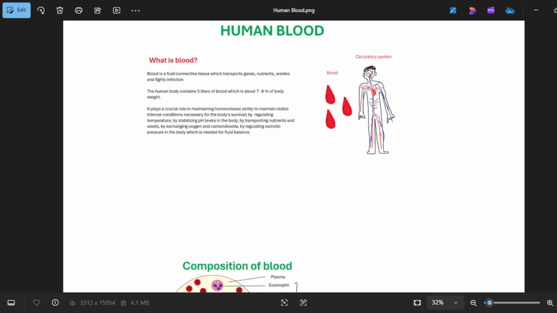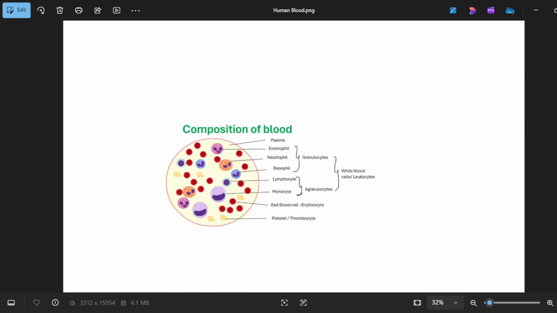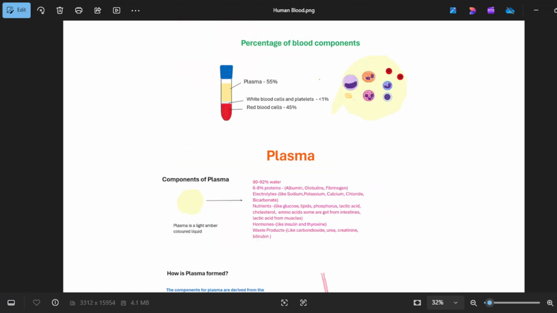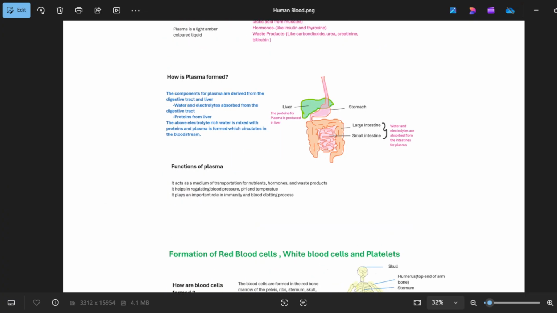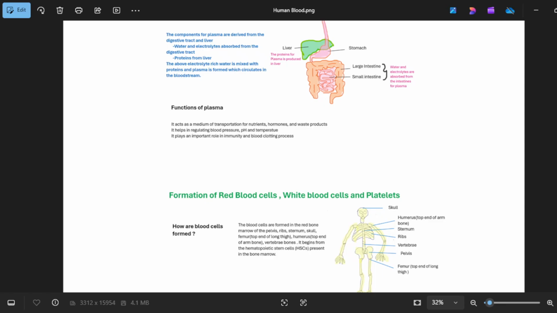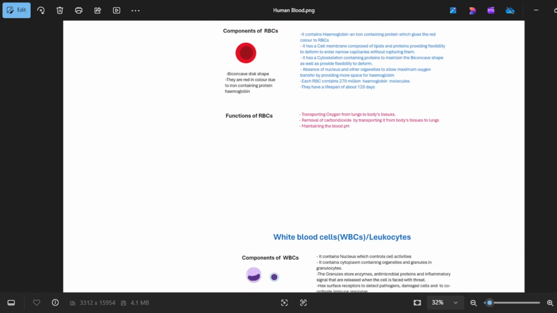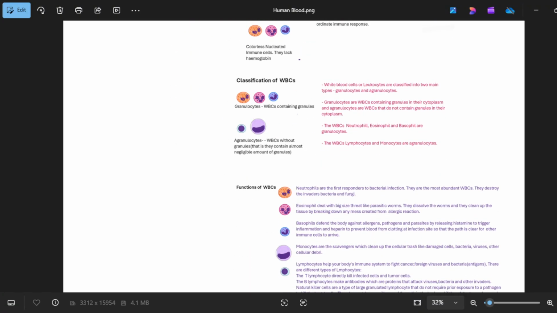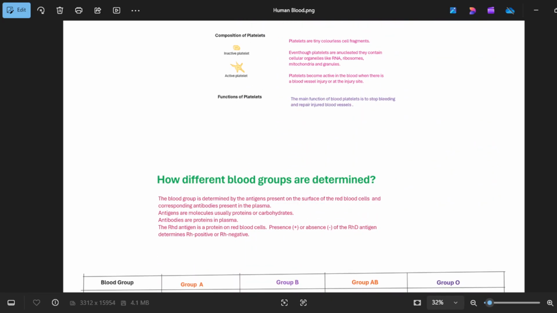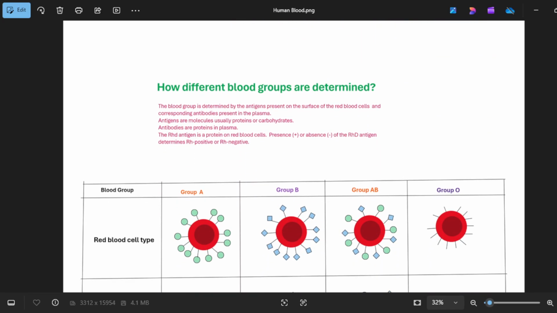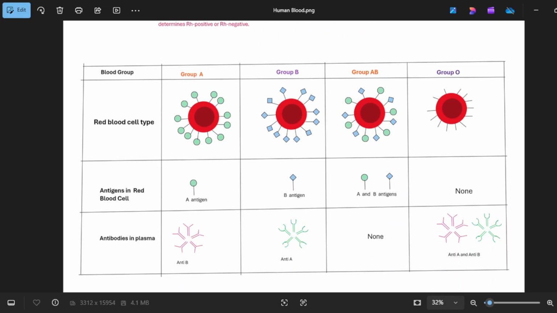We have studied the function of each component and why it is important, how these cells are formed, how plasma is formed, what the functions of each of these cells are, and what the different blood groups are and how they are determined.